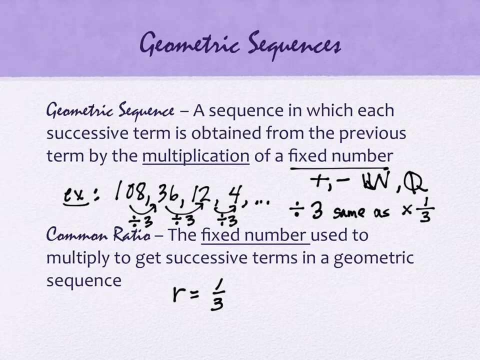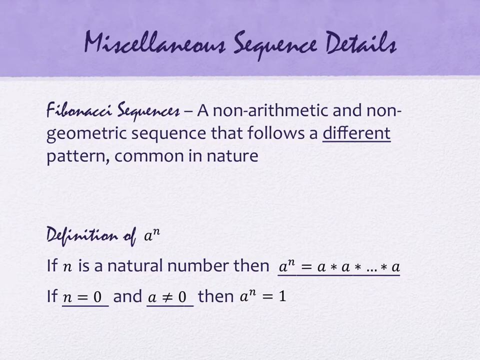There's exactly one more type of sequence we're going to talk about. And that one's called a Fibonacci sequence. So just with a show of hands, how many of you have seen a Fibonacci sequence before? Like you've seen them talked about or whatever. Okay, it's about 5 of you. A Fibonacci sequence is a non-arithmetic, non-geometric sequence.